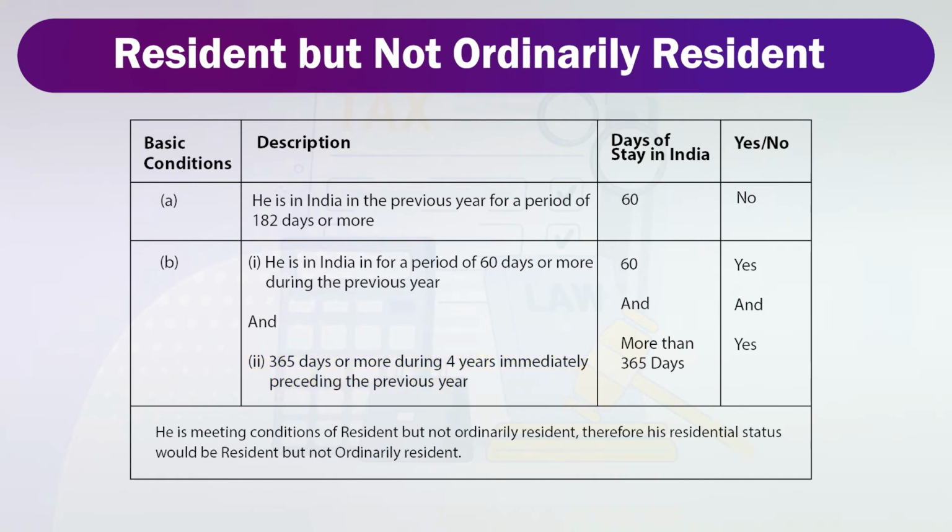Here also he is there in India for more than 365 days. It means he is satisfying both the conditions of basic condition B. He is meeting the conditions of resident but not ordinarily resident. Therefore, his residential status would be resident but not ordinarily resident.